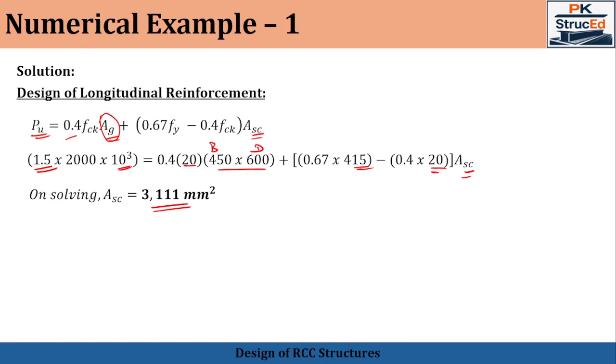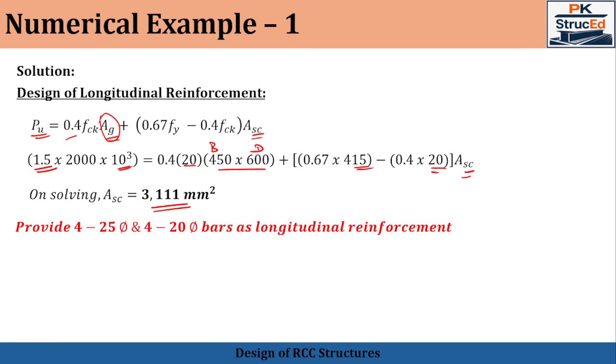And we should check that this value is greater than 0.8% and less than 6%, that is the minimum and the maximum percentage of reinforcement required for the column. Now, we are providing 4 numbers of 25 mm dia and 4 numbers of 20 mm dia bars as the longitudinal reinforcement. So the Asc provided is 3220 mm square.